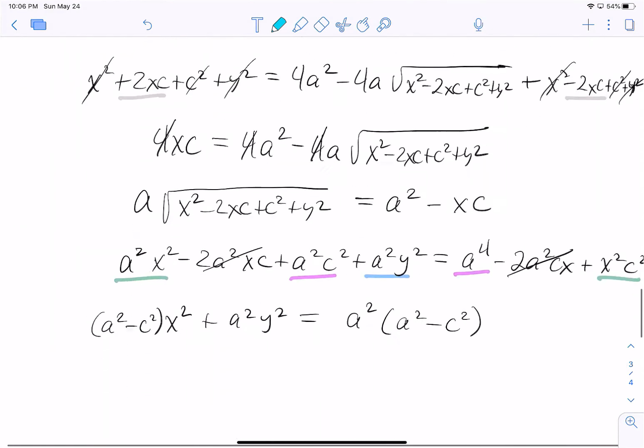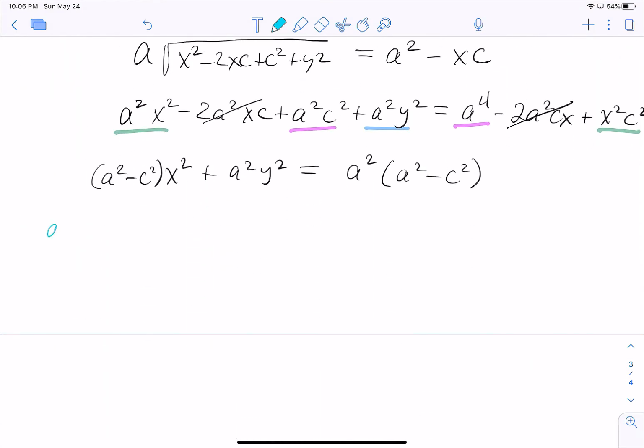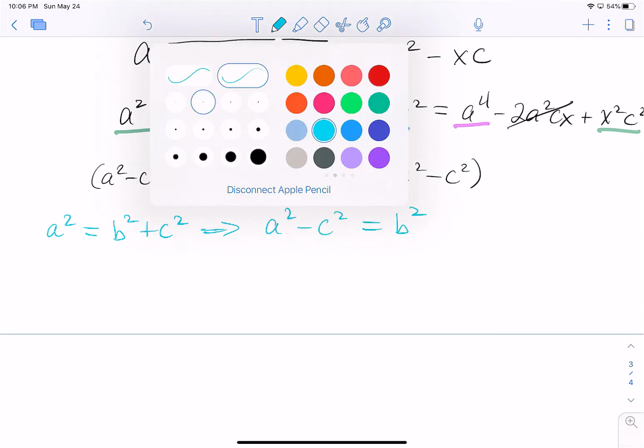As a result, we can say that a squared is equal to b squared plus c squared, which means that this expression that we're seeing, a squared minus c squared, can be replaced by b squared.